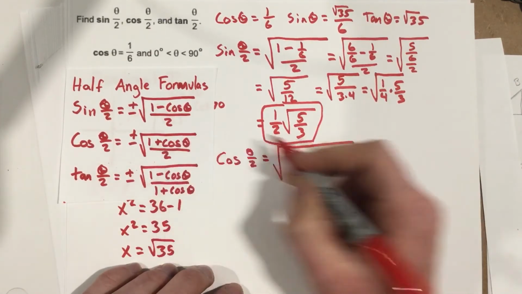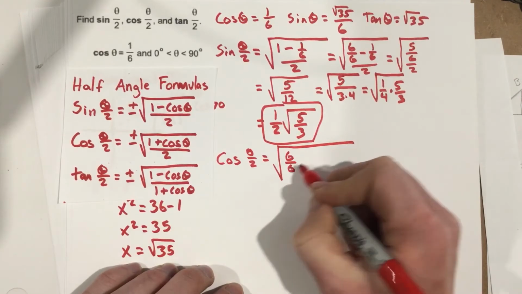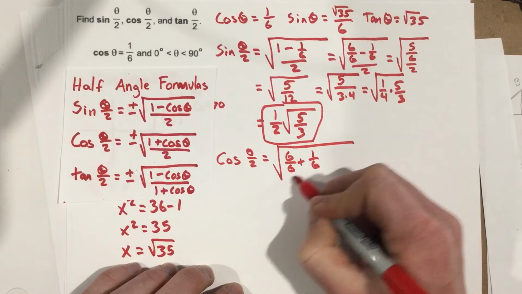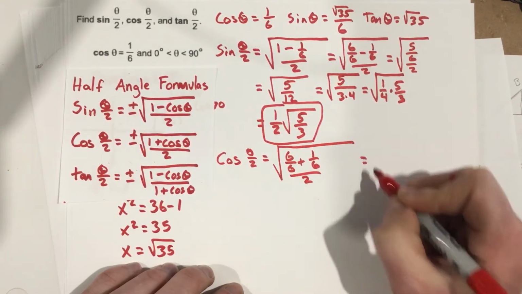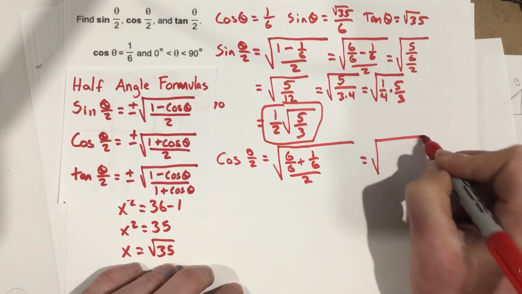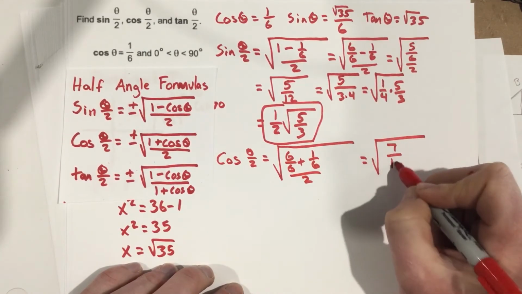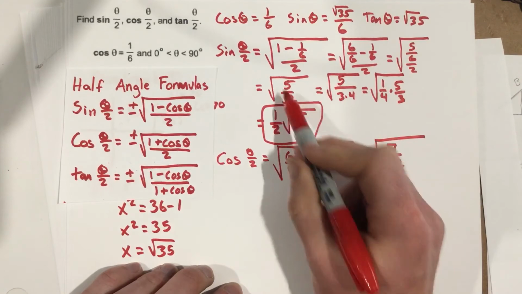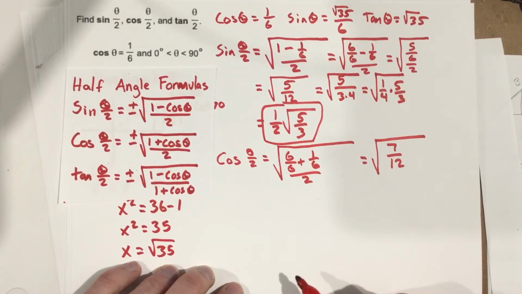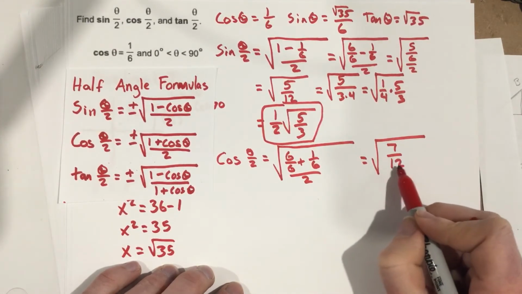Instead of writing the 1, I'm going to write 6 over 6 plus cosine theta, which is 1 over 6, over 2. And that's 7 over 6, but it's over 2, so I'm going to skip a step and say that that's 7 over 12. And the only reason I'm doing that is we just did that right there. So we know it's going to work out the same way with this division of 6, division of 2.